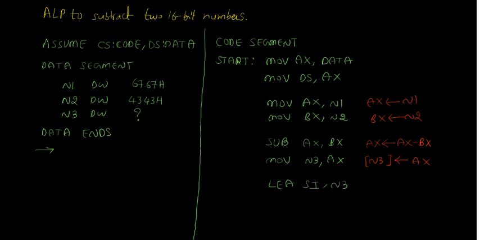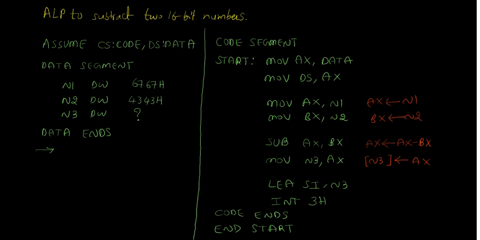You can use any one of the index registers. Let us use source index, so that the n3 location value will be loaded to si, so that you can figure out what is the location where the result is stored. Int 3h is for the debug breakpoint. Then we need to end the code logical segment, code ends, then end the program which is started with the label start, end start.